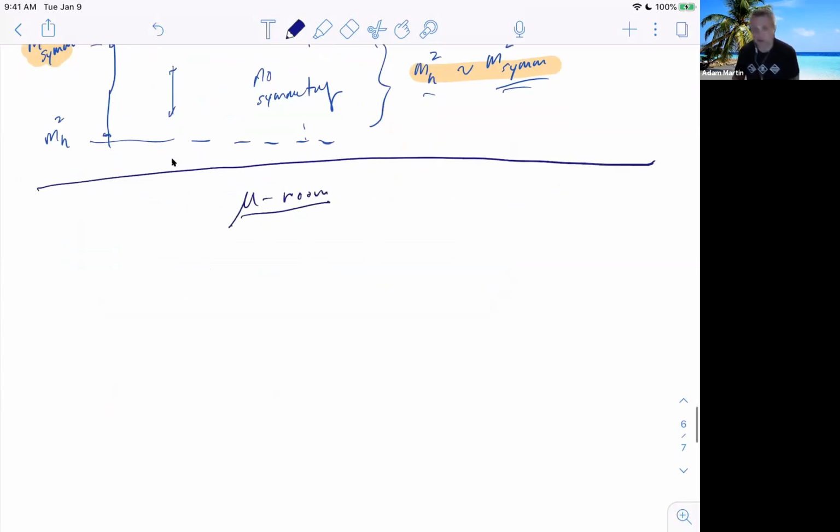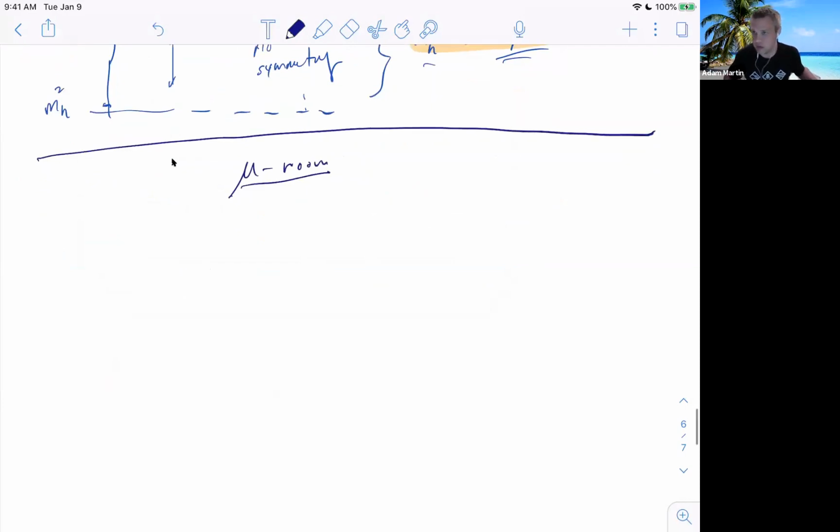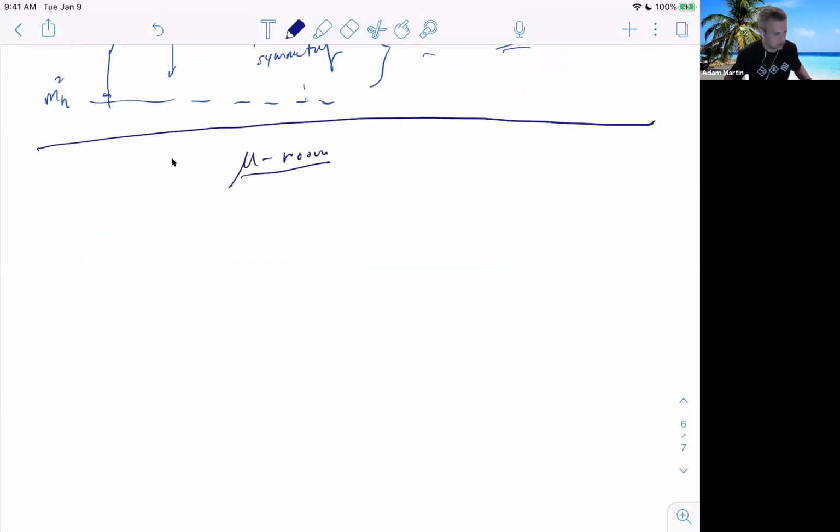So what I want to do in the last few minutes remaining is shift gears slightly. Shifting gears at the end is like an idiot mistake, but I'm going to try it anyway. So far, we have been very top down. What do I mean by that? Forget this hierarchy thing.